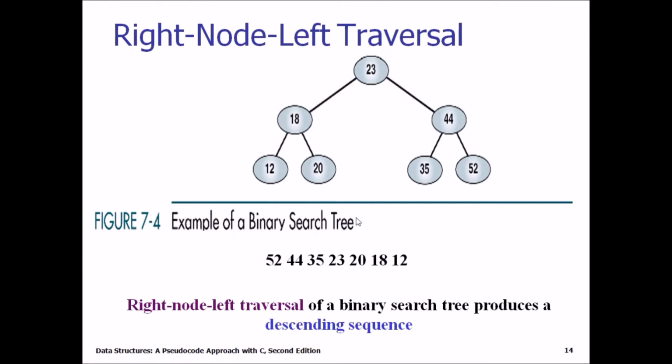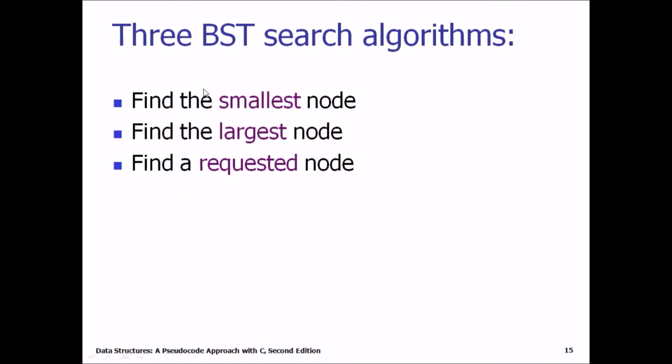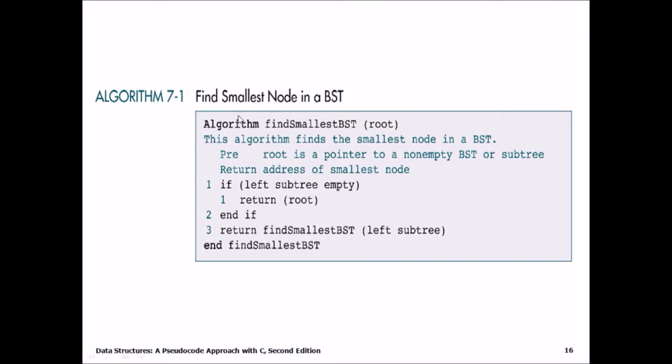Now there are three BST algorithms, binary search tree search algorithms: find the smallest node, find the largest node, and find a requested node. So this is the algorithm for finding the smallest node in a BST. This algorithm finds the smallest node in the BST.